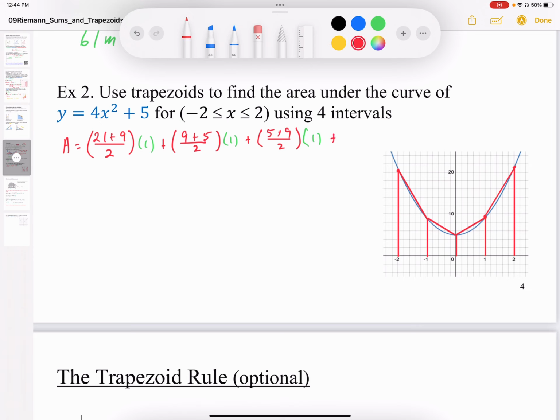So this is going to be 5 plus 9 over 2 times the interval width of 1, plus 9 plus 21 over 2, interval width of 1. So we get an area. This is going to be 30 divided by 2 is 15 times 1. 14 divided by 2 is 7 times 1.